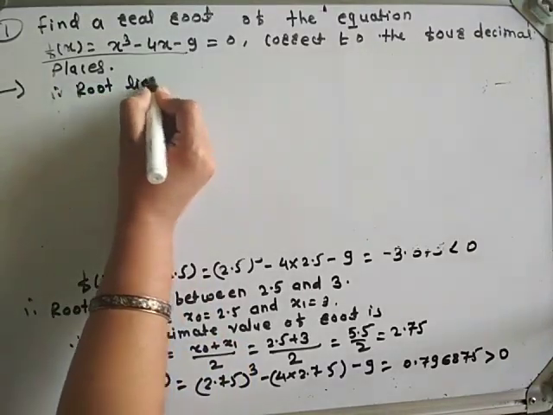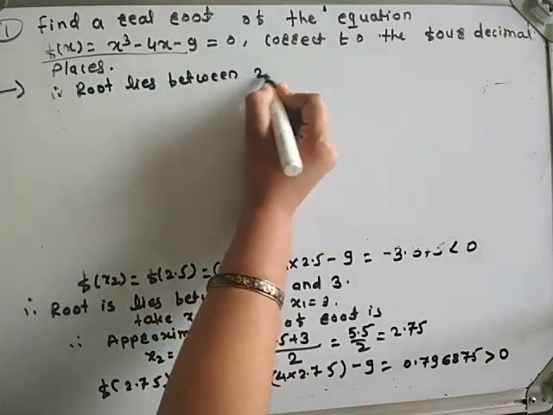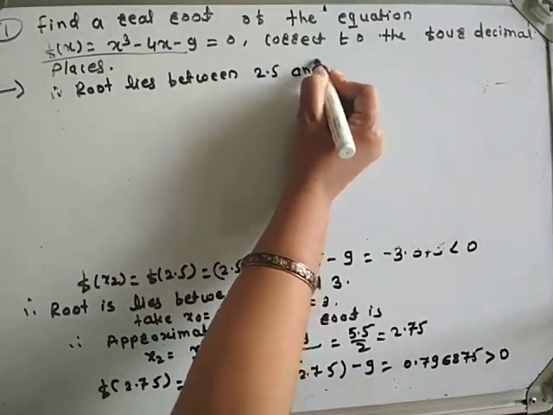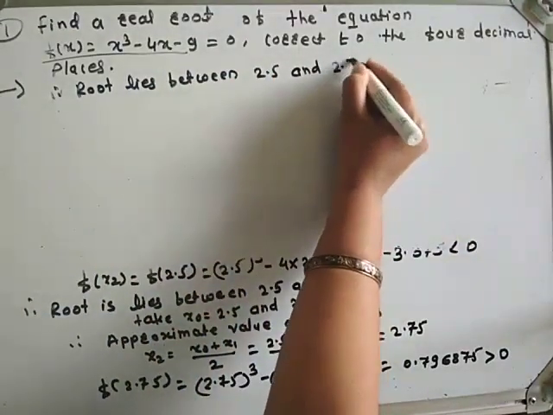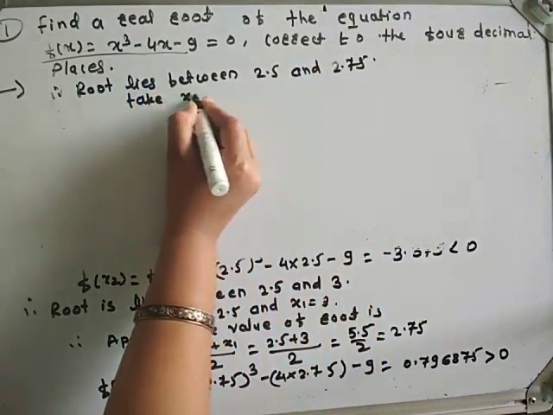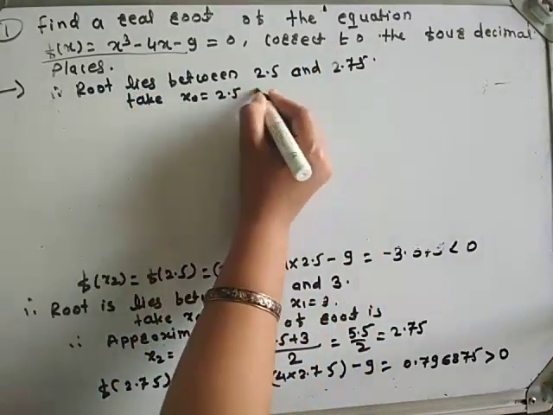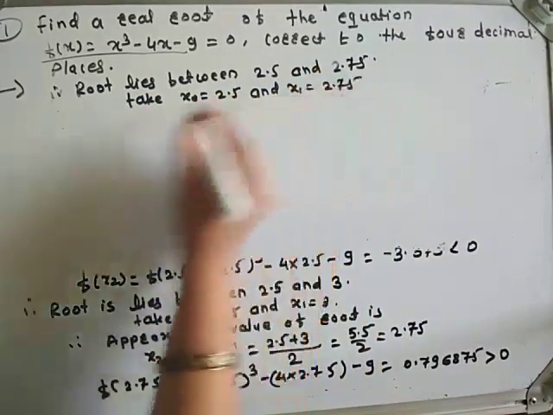Therefore, the root lies between 2.5 and 2.75. Take x0 equals 2.5 and x1 equals 2.75.